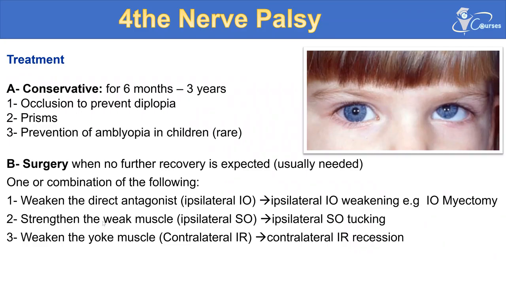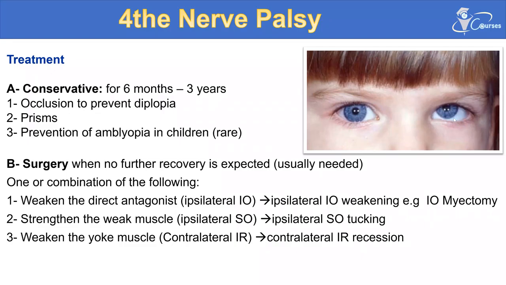Or we can strengthen the weak muscle. If there is still residual action of the superior oblique, we can do ipsilateral superior oblique tucking. Tucking is a procedure to strengthen the muscle. We can also weaken the yoke muscle, the contralateral inferior rectus.